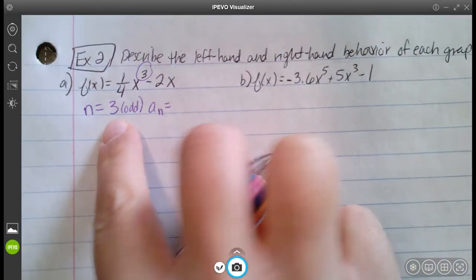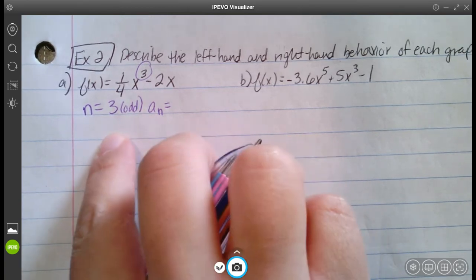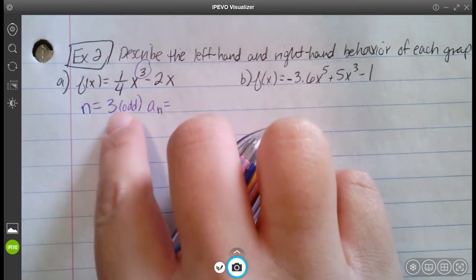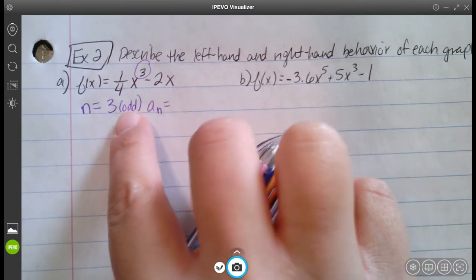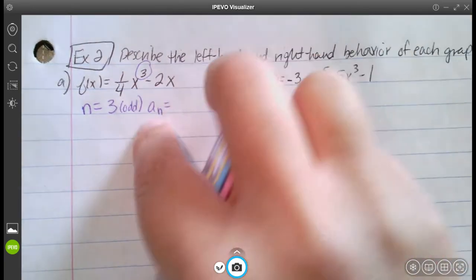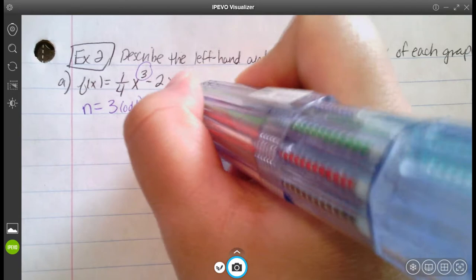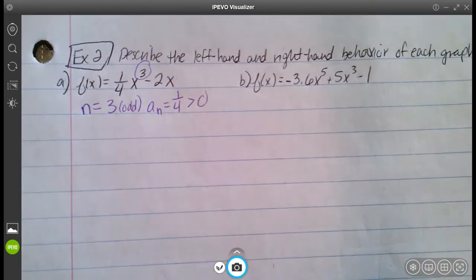It's going to be an odd number because 3 is an odd number. Not necessarily odd like symmetric and all that, but it is an odd number, okay? They're only going to be symmetric if they're one of the power functions, like the ones we first saw. And then our a sub n is the leading coefficient. That's going to be 1/4, which is greater than 0. So this one is positive.